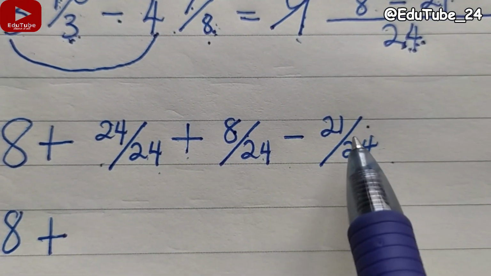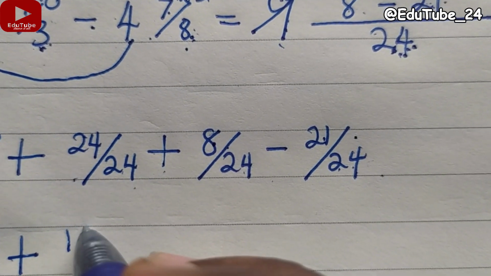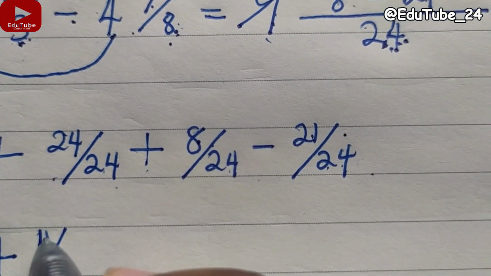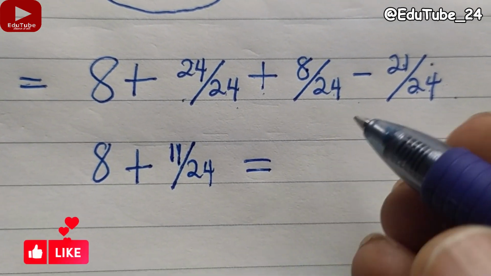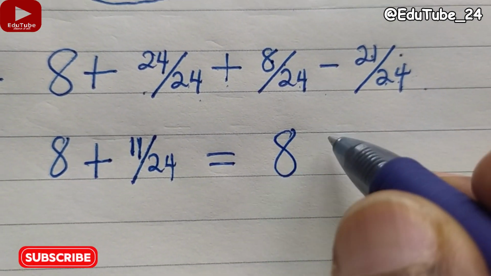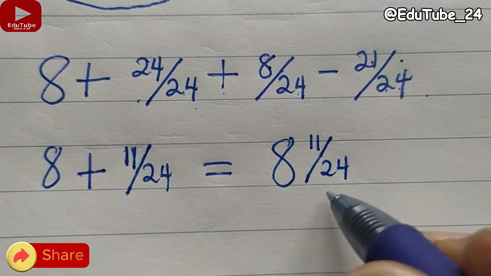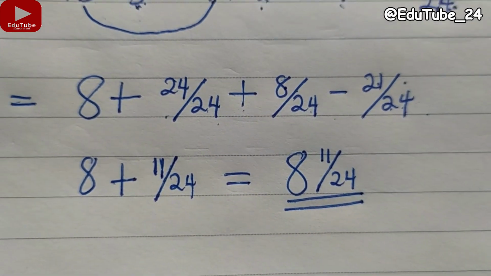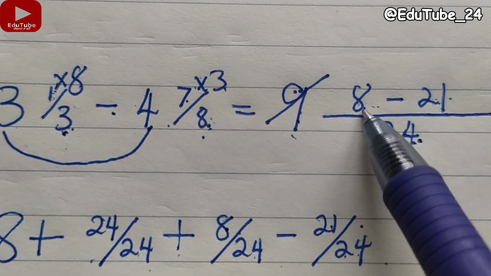And then 32 minus 21, and that will give me what? 11 out of 24. So my new fraction will be 8 whole number 11 out of 24. So that is that about borrowing from an impossible fraction.